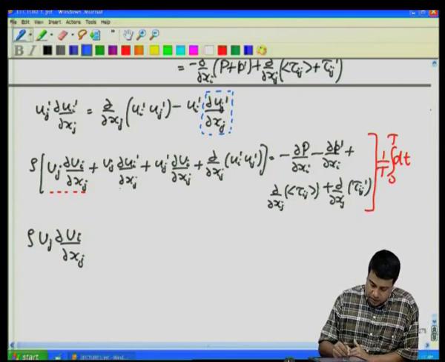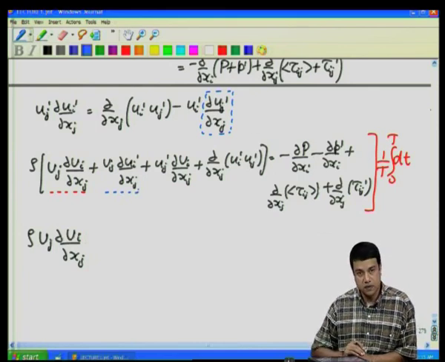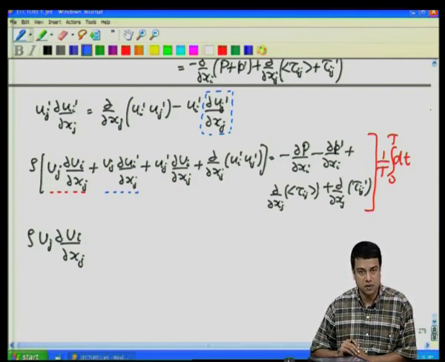The second term here is linear in the fluctuating velocity. It is capital Uj partial small ui prime by partial xj. When I take a term that is linear in the fluctuating velocity and integrate over time, I should get 0, because the time average of fluctuations is 0. Capital Uj is of course the mean velocity, but it is time independent. Uj prime is the fluctuating part, that is time dependent, but it integrates out to 0.